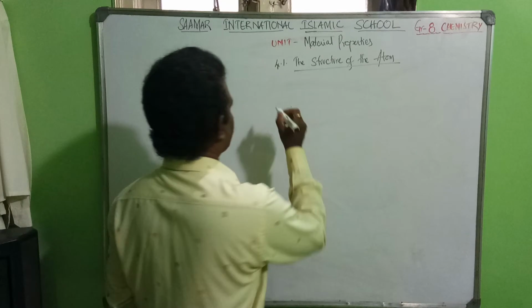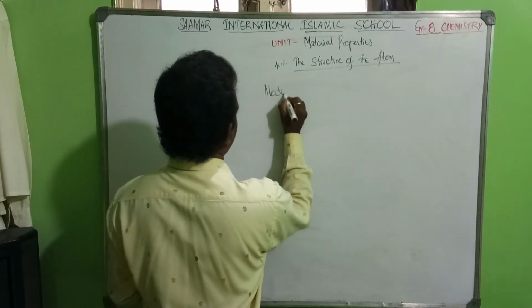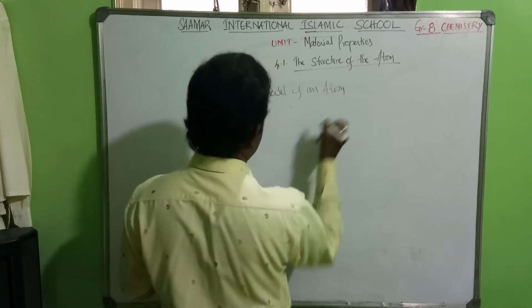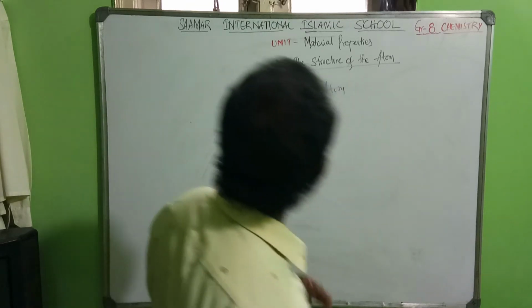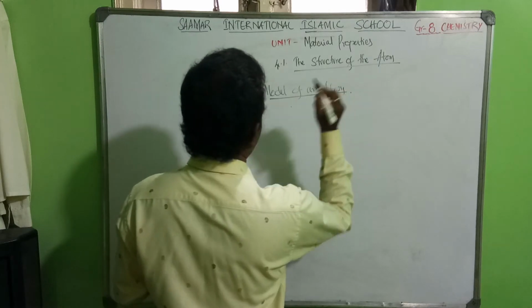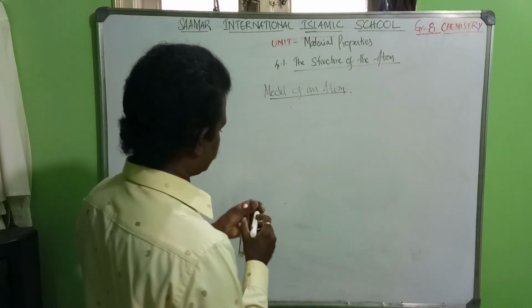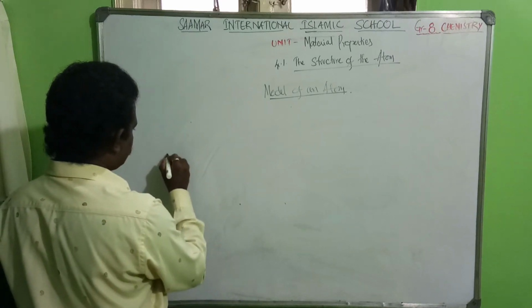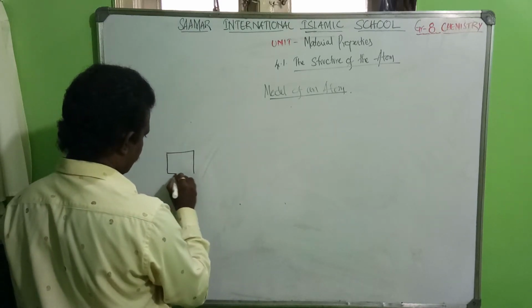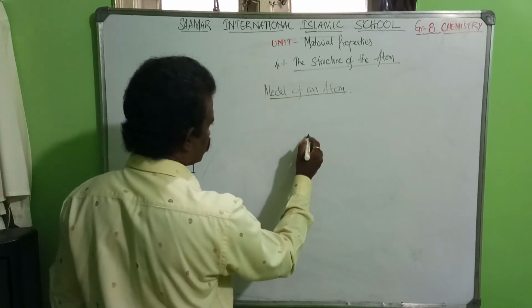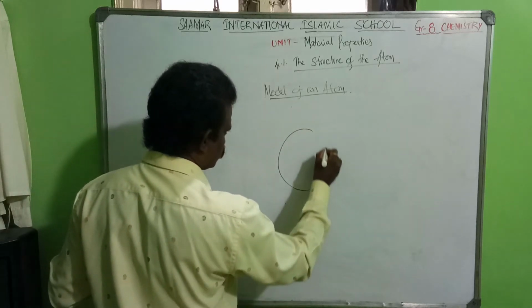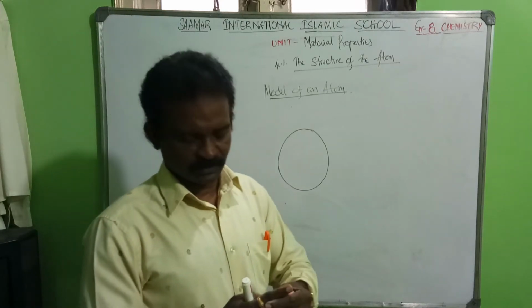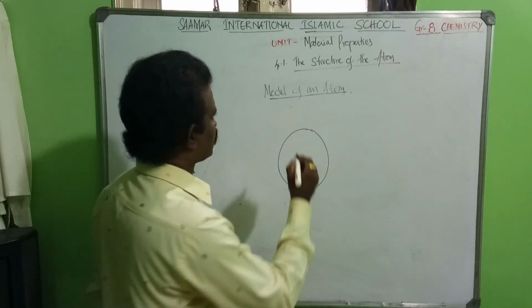Now, model of an atom. Let us see what he did. He took a high beam of alpha rays and passed it onto a gold plate. That is why we call it the Rutherford gold foil experiment.